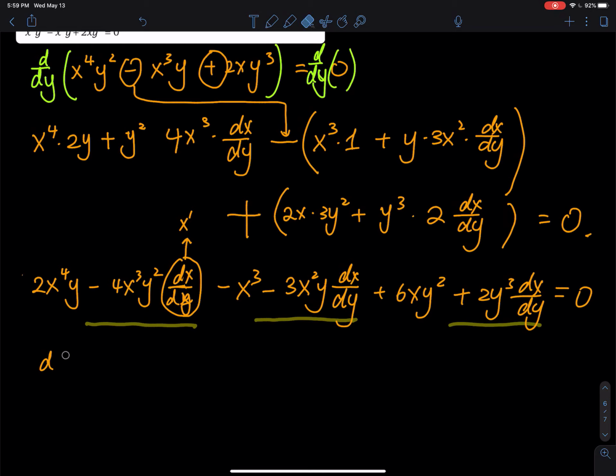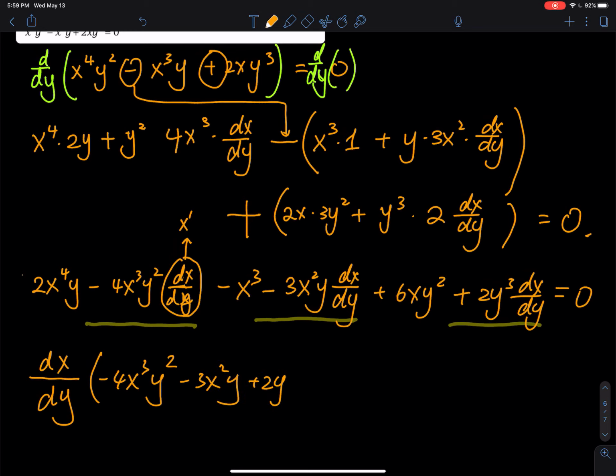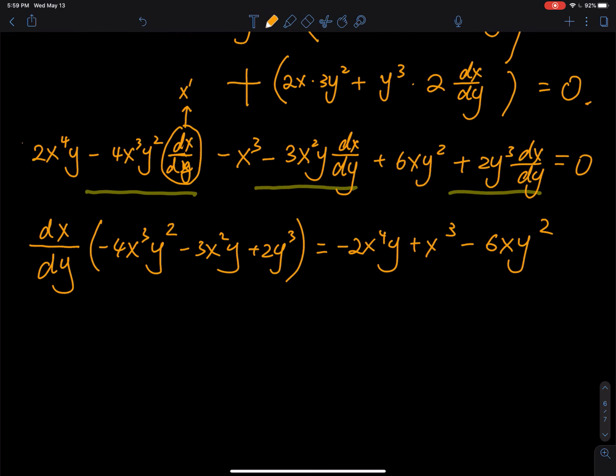That's why we need this problem. dx dy, and then equal, and then inside the parentheses we have a negative 4x to the third y squared minus 3x squared y, and then plus 2y to the third equals, keep the rest on the right, don't forget to change the sign, plus x to the third minus 6x y squared, and then we divide both sides by that parenthesis, right?